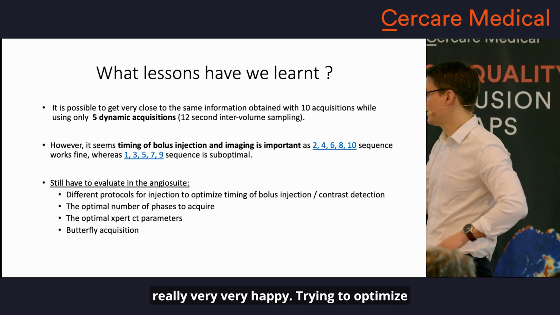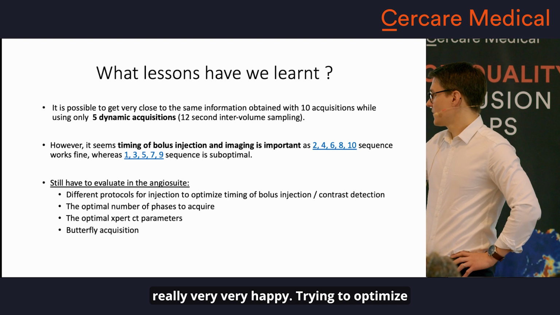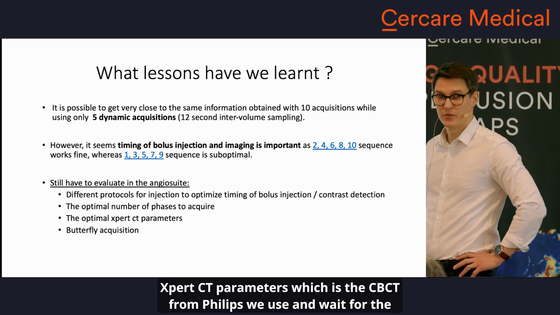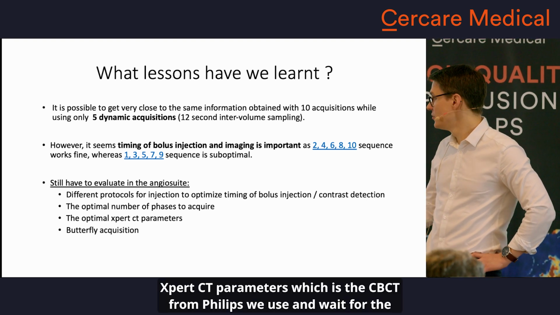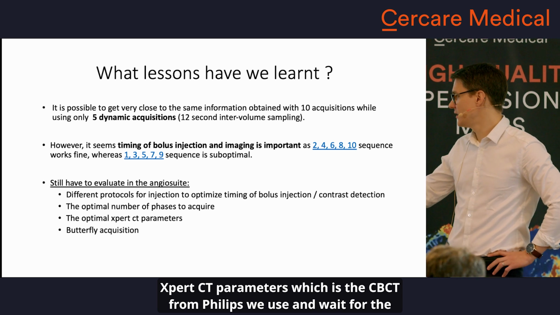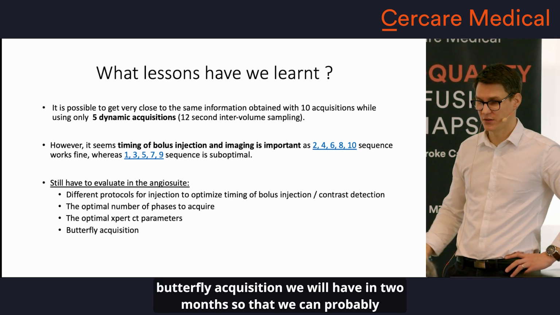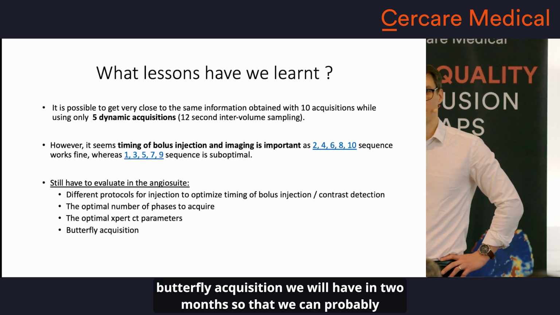We also need to optimize the XperCT parameters, which is the CBCT from Philips we use, and wait for the butterfly acquisition we will have in two months, so that we can probably decrease the artifacts a lot.